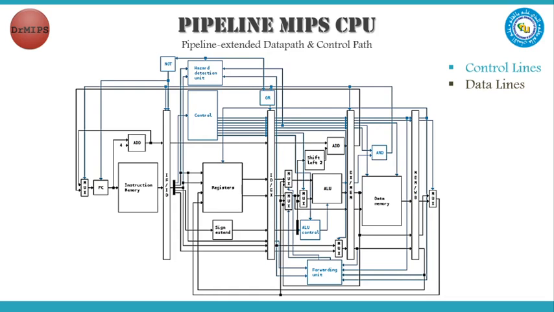My basic task is to predict branches early, for example in the instruction decode phase. In this implemented pipeline version you can see the branch prediction is done in the execution phase, and it is confirmed in the memory stage whether it is taken or not.